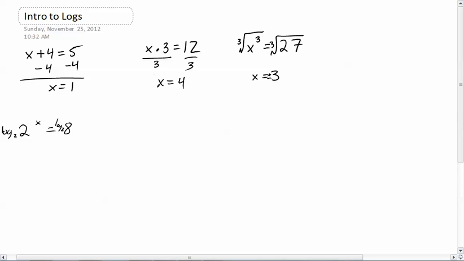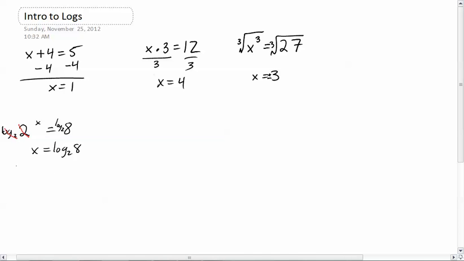I chose base 2 because if the logarithm and the exponential have the same base, they cancel each other out, which means all I'm left with on this side is an x. So x equals log base 2 of 8. If I were to do the log base 2 of 8 on my calculator, I would find the answer, which would be x equals 3.